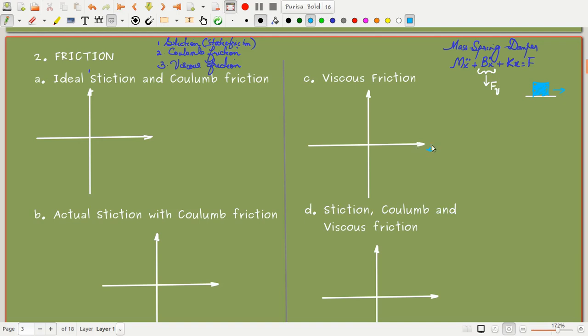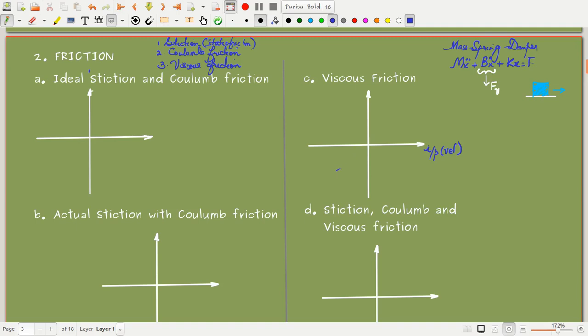If the input is the velocity, when there is a movement of this mass, we come across the viscous friction, which is directly proportional to the relative velocity of the sliding surfaces.